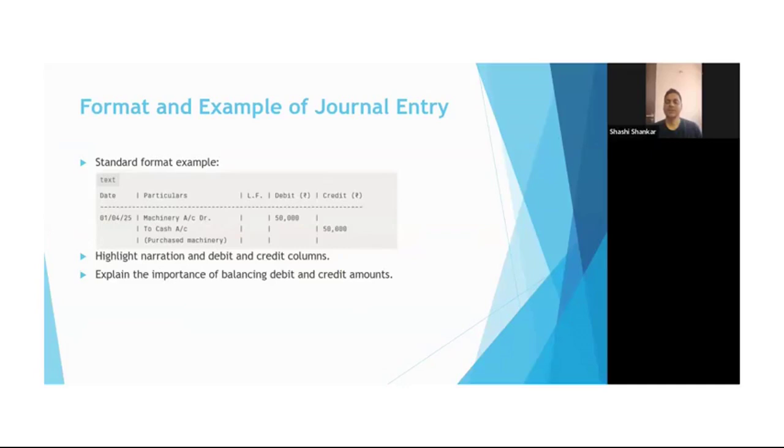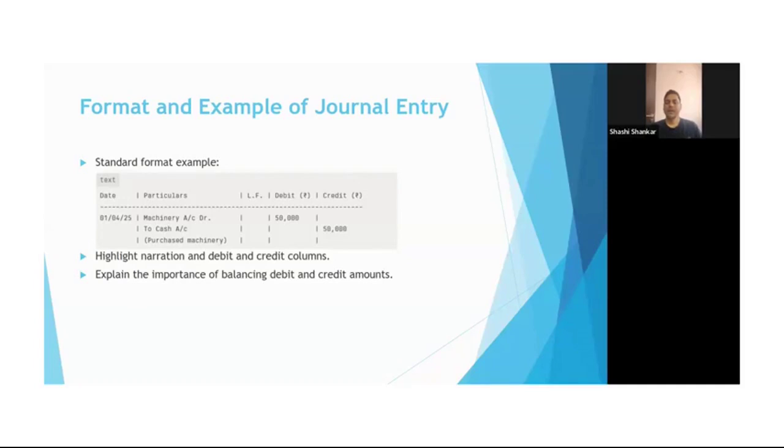On the debit side, machinery account 50,000, and on the credit side, 50,000 for cash. Cash is a real account. As per the rule, what comes in or what goes out: cash goes out, so it is on the credit side, and machinery comes in, so the 50,000 is on the debit side. Both are real accounts.